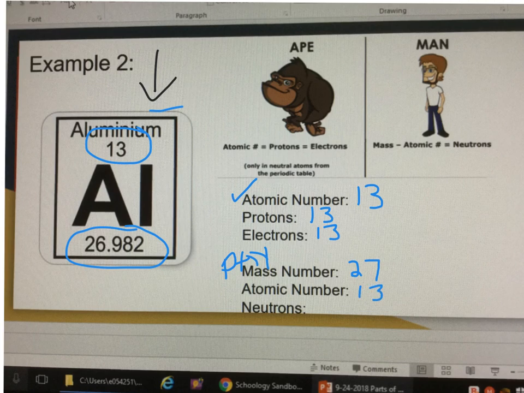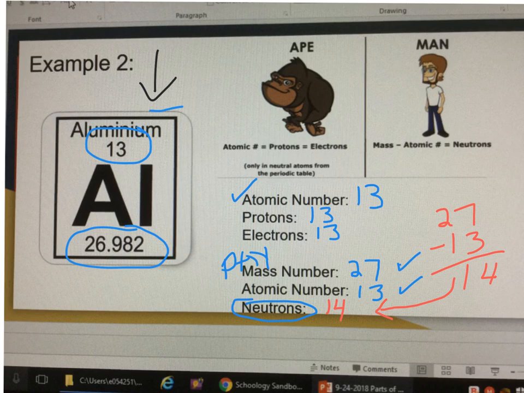Remember, you must be able to use your mass number and your atomic number or protons to find your neutrons. So you're going to subtract those two numbers. So 27 minus the 13, this will give you your neutron number. And that's how many neutrons you have in your atom.